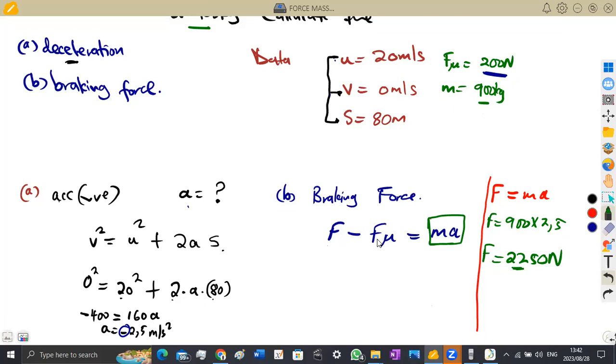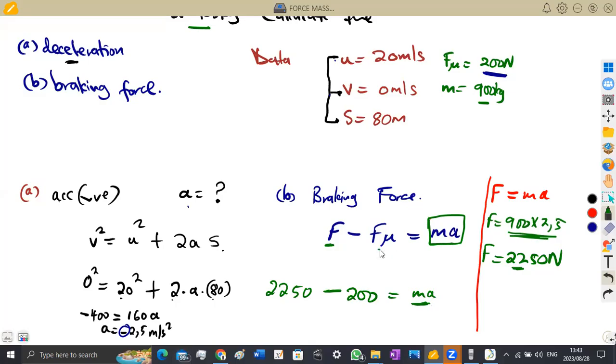But now, because this MA is no longer directly equal to this because of the frictional force, therefore it means this F here is going to be, I mean, the one that we want, which is the MA, is going to be the F that we got from the initial mass times acceleration, which is 2,250. But subtracting now the frictional force. That is where we are going to end as our MA, which is our braking force.